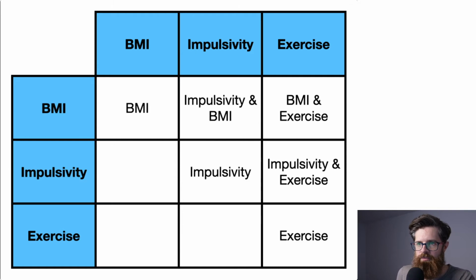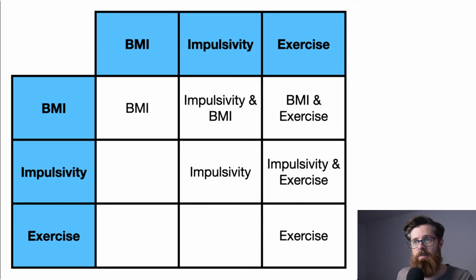That's fine. You've got three topics. You've just talked about three things. But then why are you talking about those three things? This is where you start to get a bit of a combinatorial explosion. So what do we know about the relationship between impulsivity and body mass index? That's probably an entire other mini lit review.